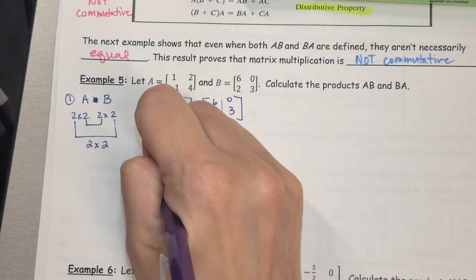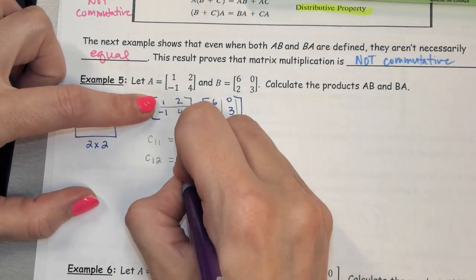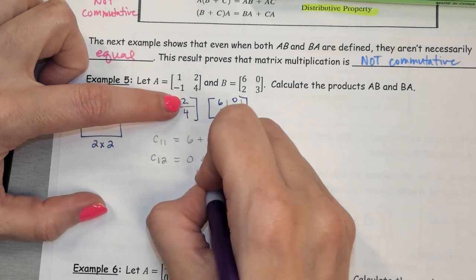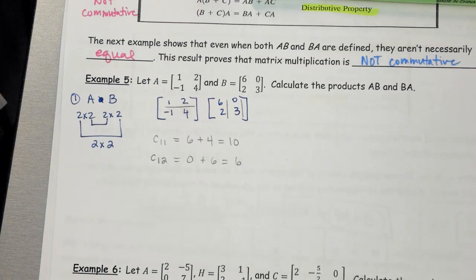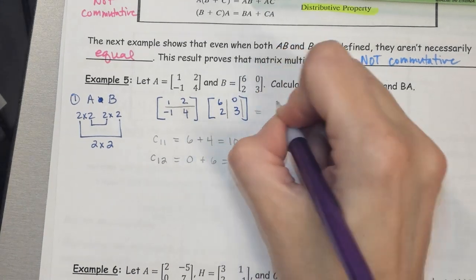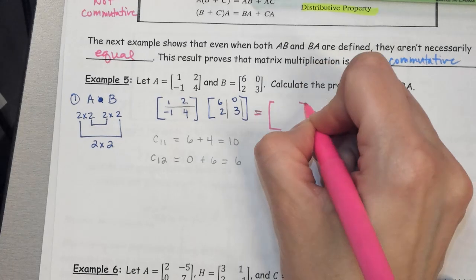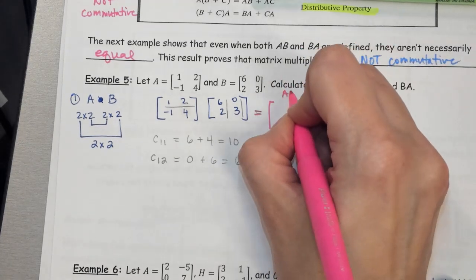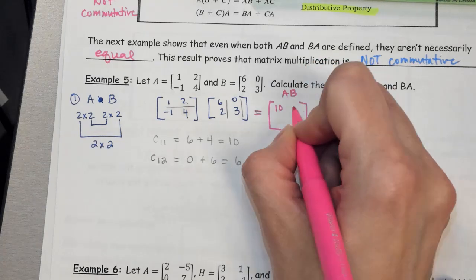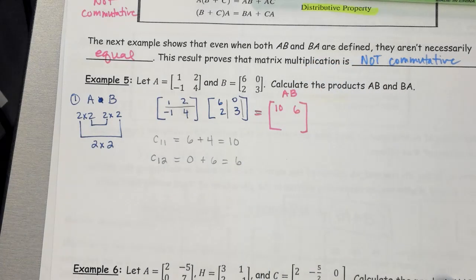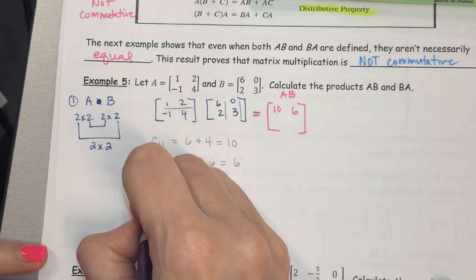And then we do the first row, the second column. So 1 times 0, 2 times 3. And when you're organizing them in your solution, row 1, column 1, row 1, column 2. Alright, so you guys find 2, 1, and 2, 2.